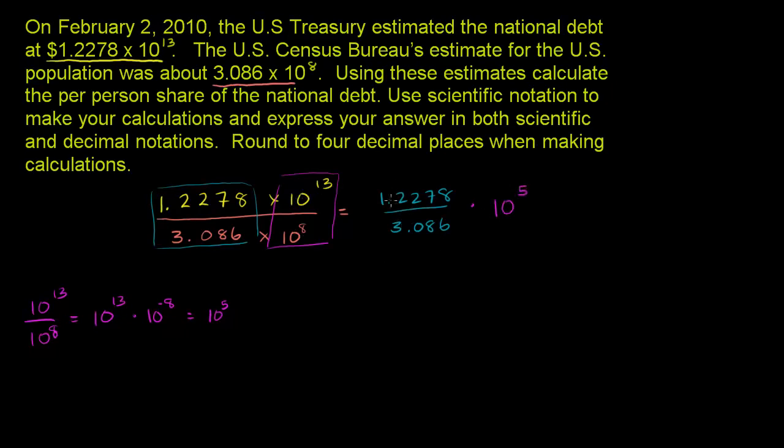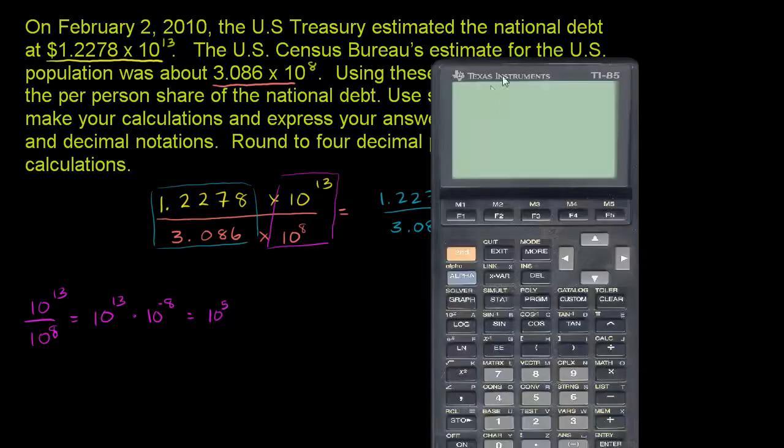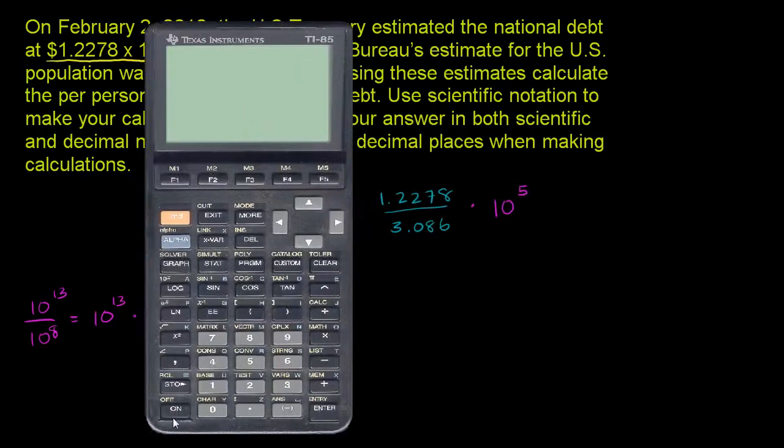And let's get a calculator out to calculate this right here. And they say round everything to 4 decimal places, so I'll keep that in mind. So let me turn my calculator on. 1.2278 divided by 3.086 is equal to 0.3979, because we want to round to 4 digits.